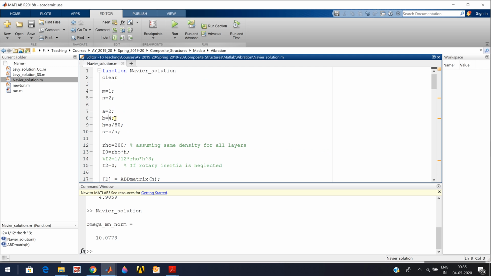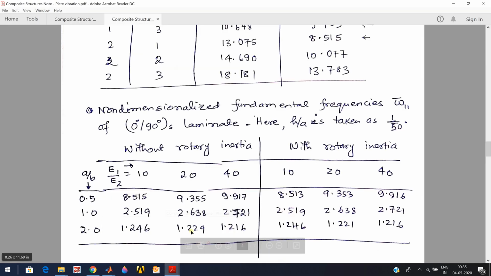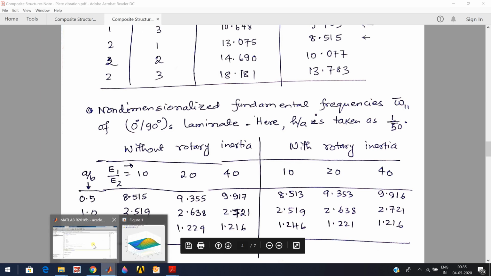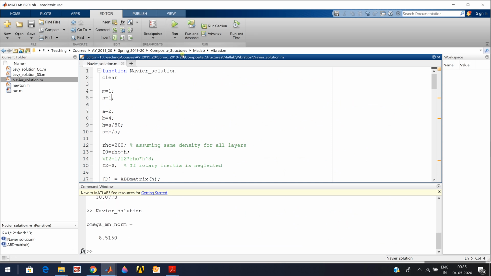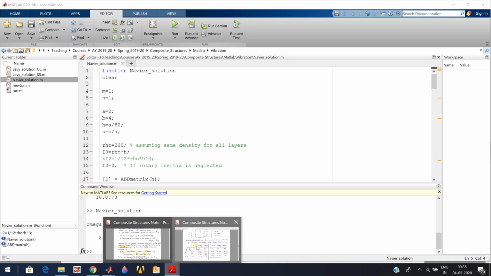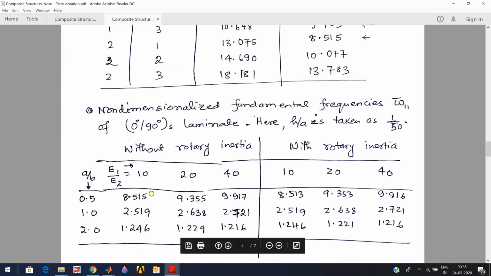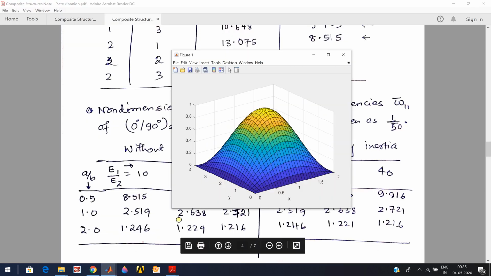Okay, so only the fundamental frequency is reported. I have to make this 1, so you can see I made that mistake. So it is the fundamental frequency omega 1, so let me run again to see what is happening. 8.5150, and you get this number 8.515. Okay, so this is your first frequency. You can see this is the mode shape for that particular plate.